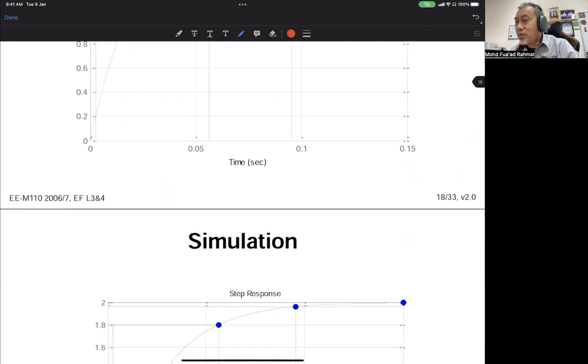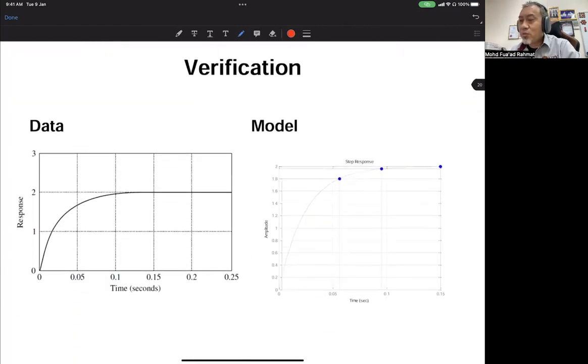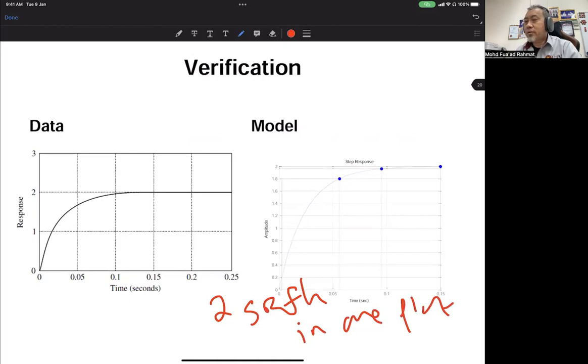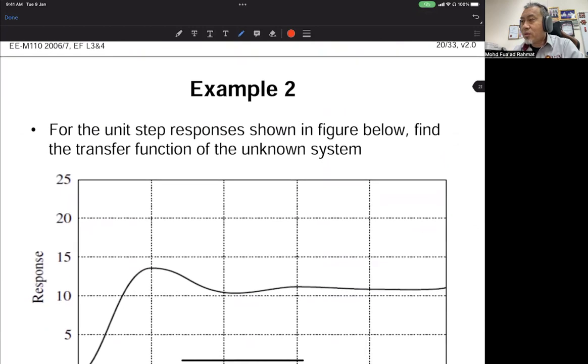Then we simulate using MATLAB, then we verify. It's supposed to be two graphs in one plot if you want to compare them. So it should follow like this. Then from there we can calculate the best fit of the data, the output fit to the input.